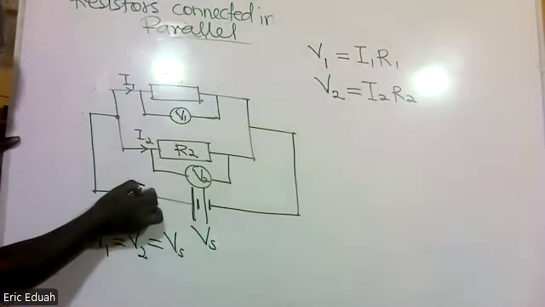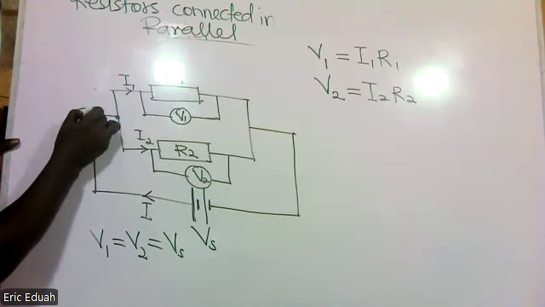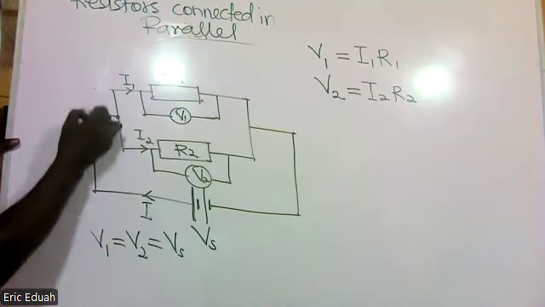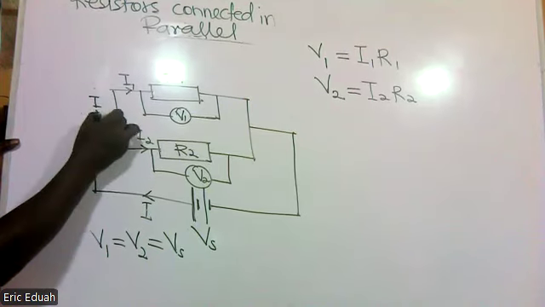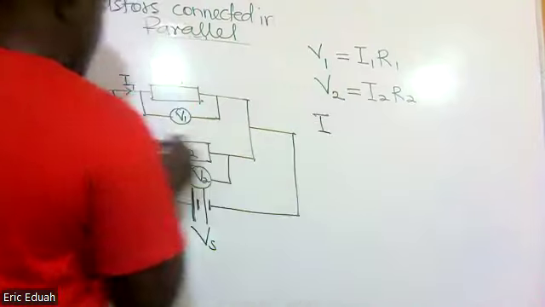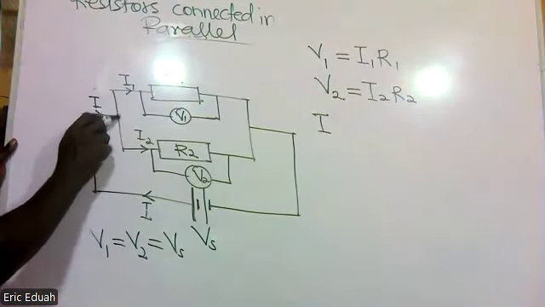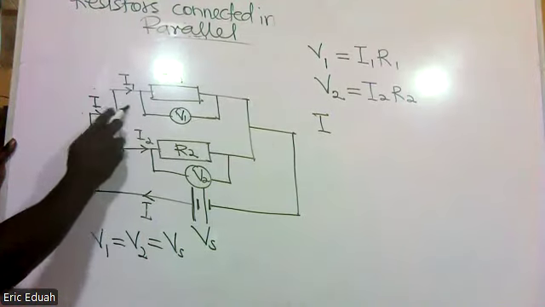But then the source current I is what is entering this junction. We have I being equal to the current at the junction, which must be equal to the current leaving the junction.